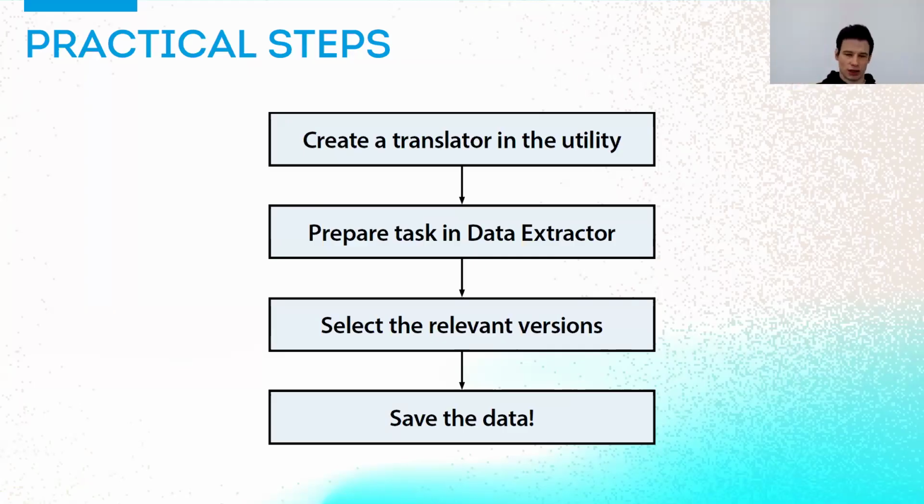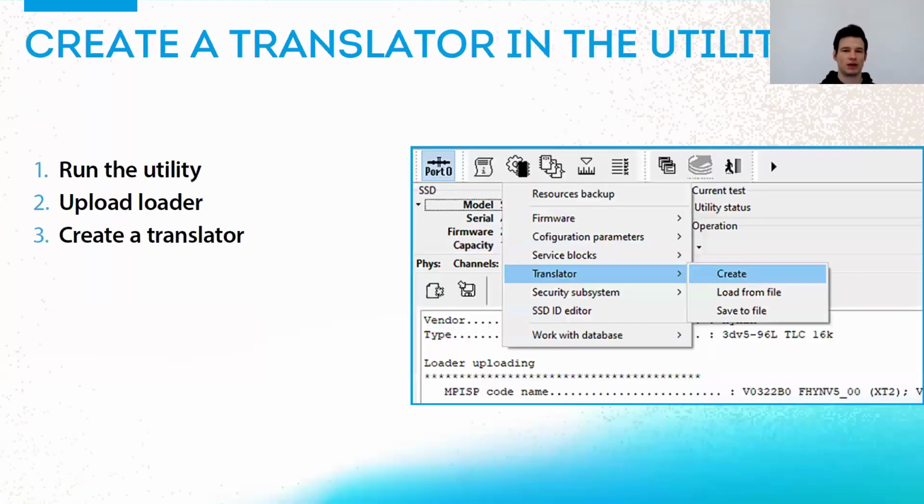Based on this information, you can select the relevant versions that actually has data in them, rebuild the system, rebuild the file system and get access to the data. That's easy. So there are not so many additional steps that you need to follow in order to get access to the formatted data.